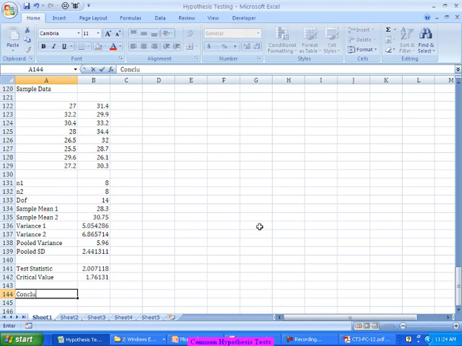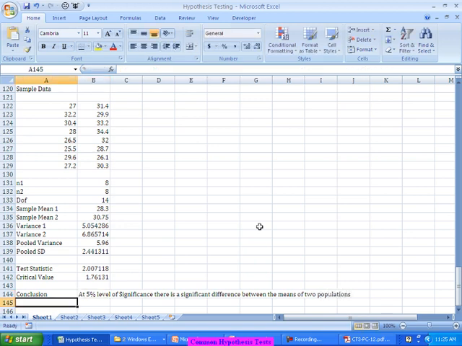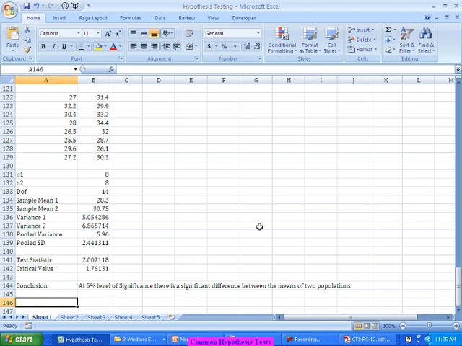So I can reject my null hypothesis and conclude that at the 5% level of significance, I can very well say that there is a significant difference between the means of the two populations. And it is also saying that the mean of one population is definitely greater than the mean of the other population.